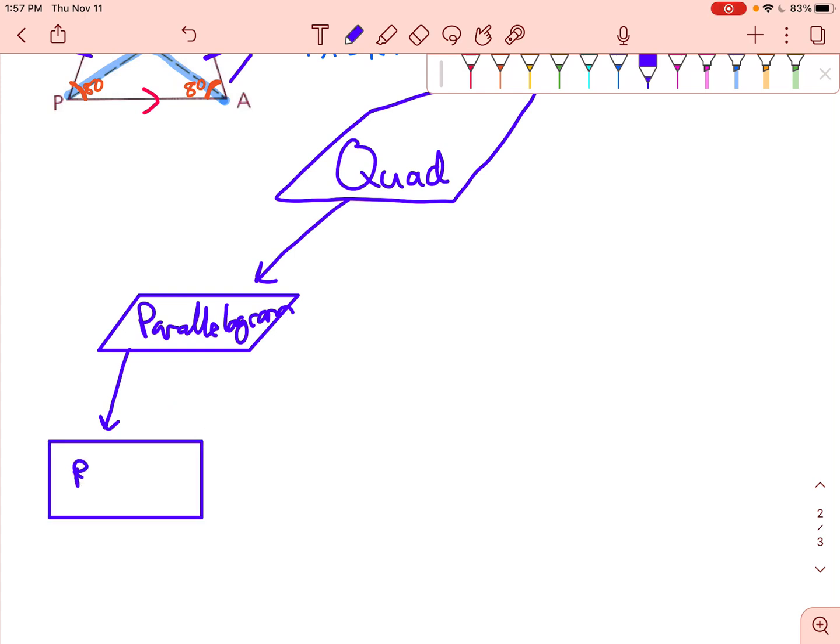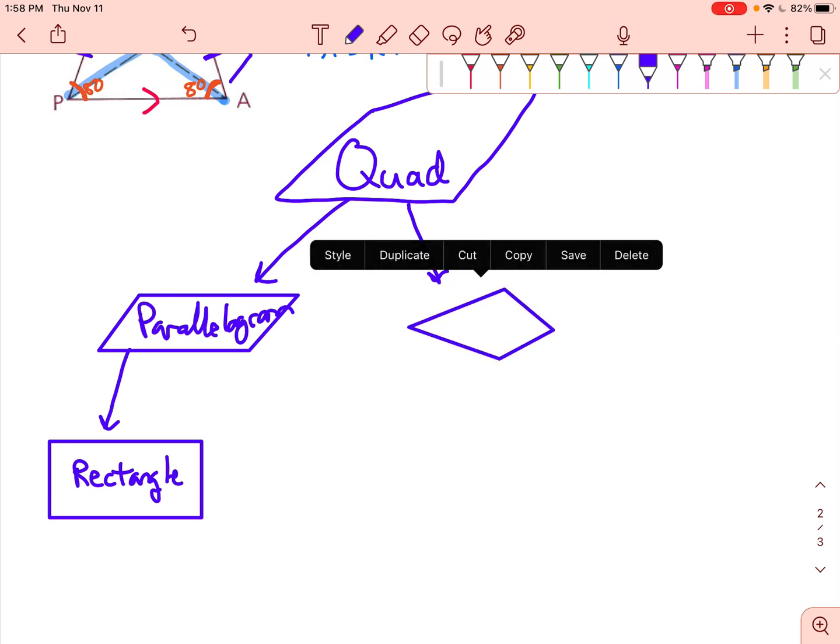Okay, so here's how I like to look at it. This is like a family tree, right? This is you. You have all the characteristics of your parents, but your parents might not have all of the characteristics of you. Okay, so we have our rectangle that kind of fits in right there. We have a kite, so a quadrilateral can also be a kite.